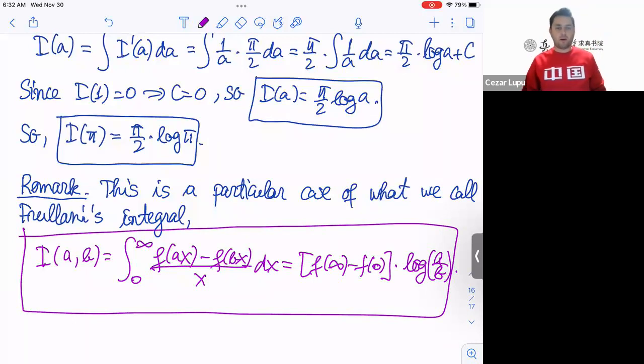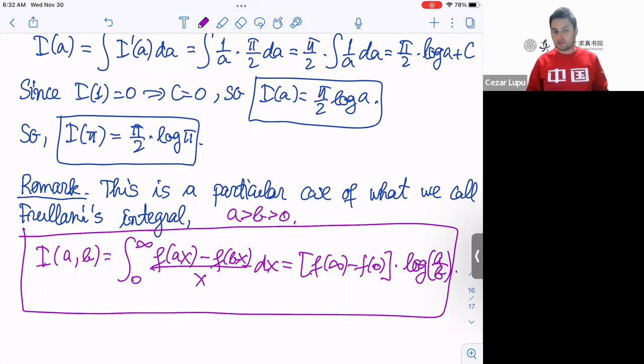As you can see, in our case, f of x is nothing other than the arctangent of x, and of course, A is, let's say, greater than B, greater than 0.